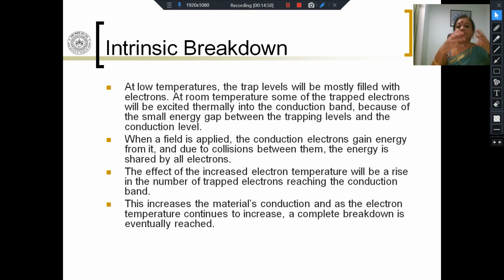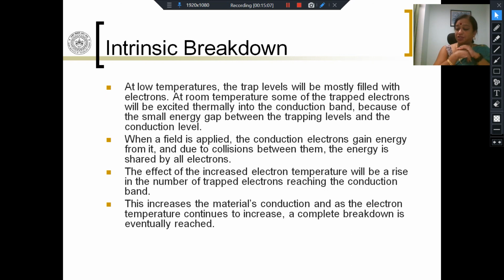When you apply a field, these electrons which have come out will have inelastic collisions between themselves. This energy will be shared by all the electrons. As a result, the electron temperature will rise, and this will also help more trapped electrons to come out into the conduction band.